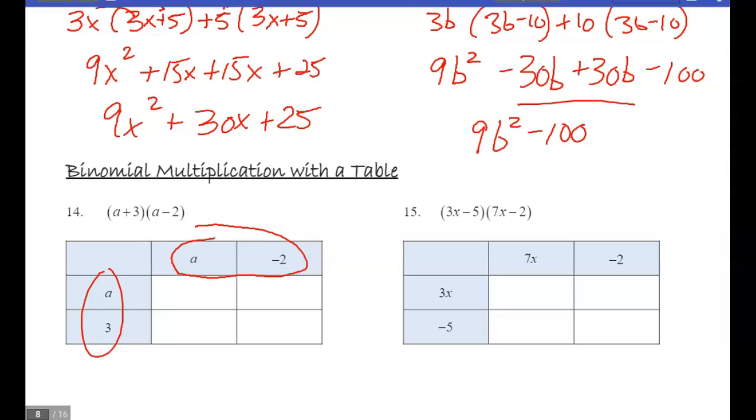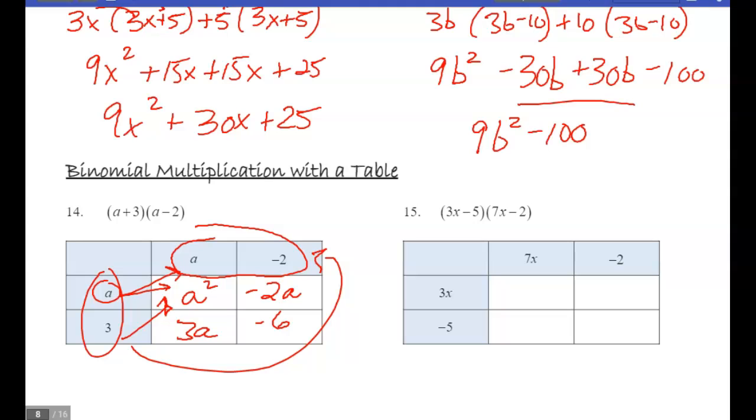So we go across this row, so we have a times a, which is a squared, and then a times negative 2, which is negative 2a. Down here, I have 3 times a, going all the way up to there. I just don't want to cross through that. 3 times a is 3a, and then this 3 times negative 2 is negative 6.